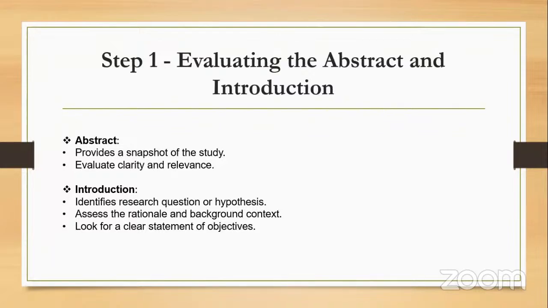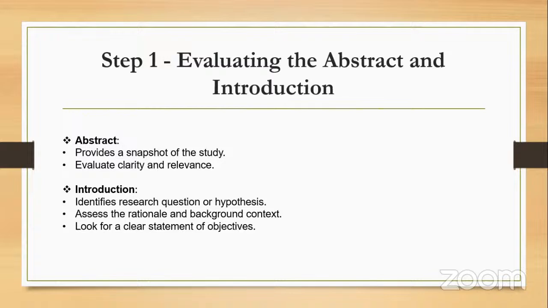The first step in critically analyzing a research paper is evaluating the abstract and the introduction. As we said, the abstract is like the snapshot of the study. In evaluating the abstract, we need to evaluate the clarity and the relevance of the abstract to the knowledge we are seeking or to the information we are looking for in the current research.